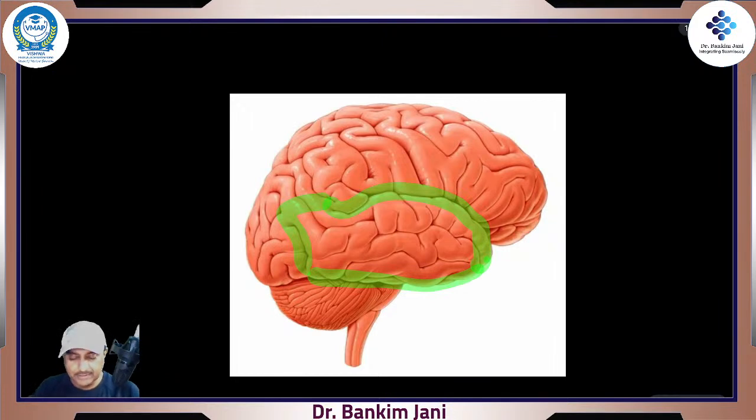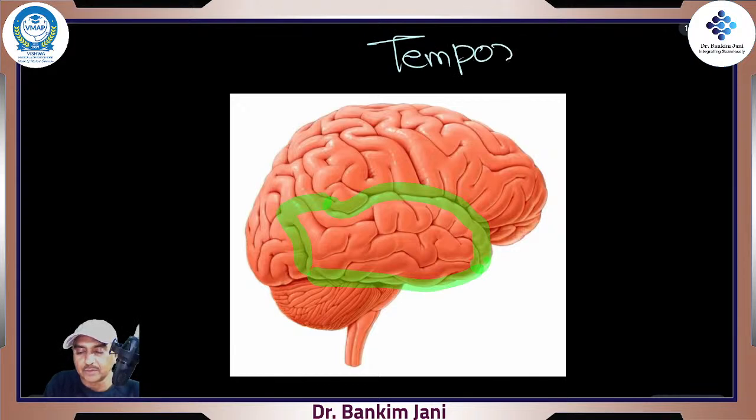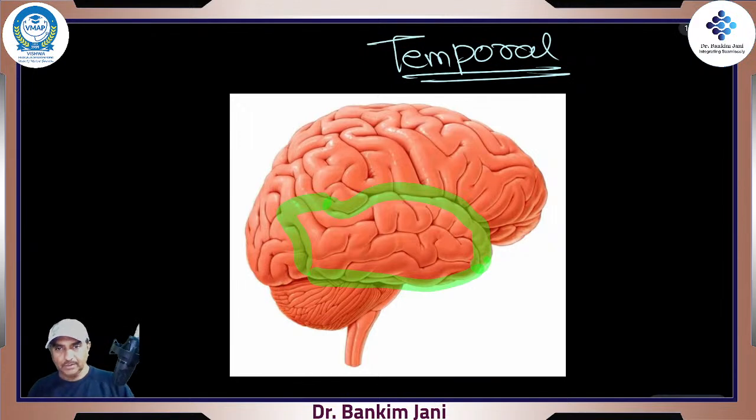So that's the temporal lobe. Now the temporal lobe is divided into two parts. We are taking it a bit fast now because it is seen so clearly. Here it is, it is dividing so nicely.